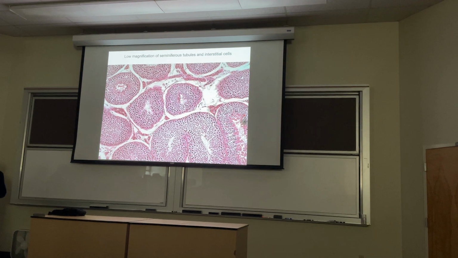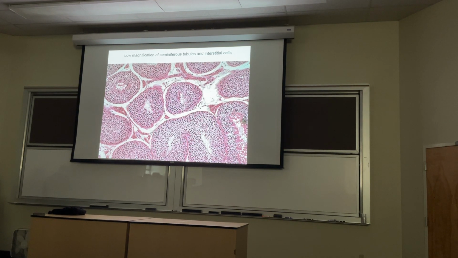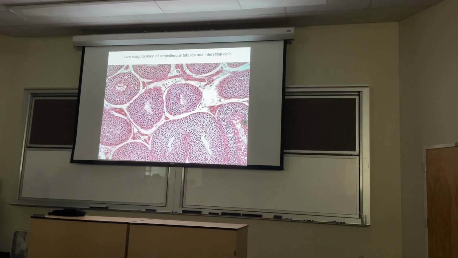So we'll be looking at this, of course, at much higher magnification. This is still fairly low magnification, but now we're seeing the seminiferous tubules within the testes. So each of these is part of that. A lot of these could be the same tubule, but they're very highly coiled, and so when you cut across them, you might get the same tubule more than once. The epithelium of the seminiferous tubules is where spermatogenesis occurs.